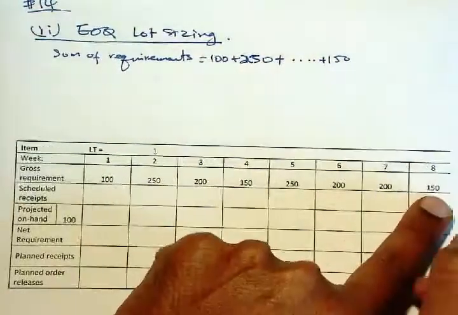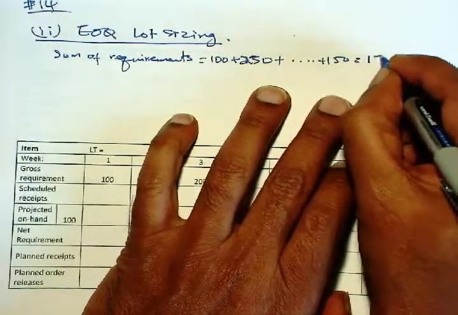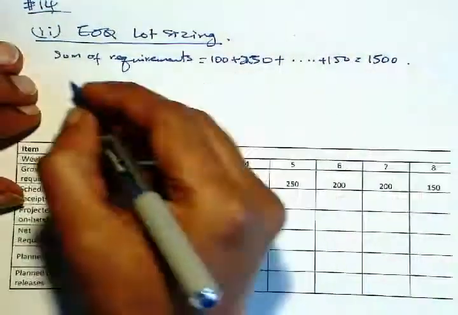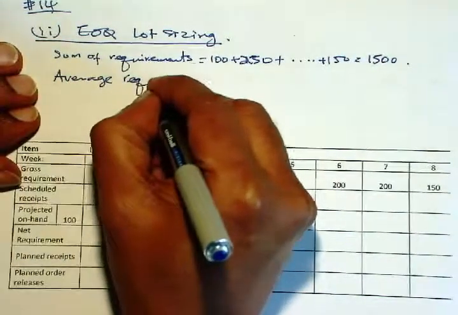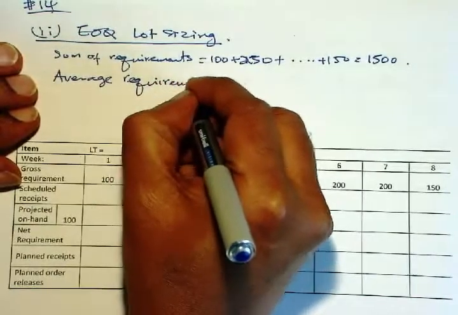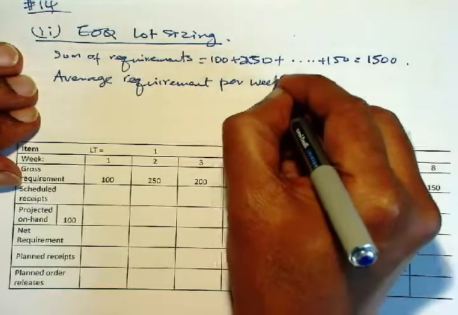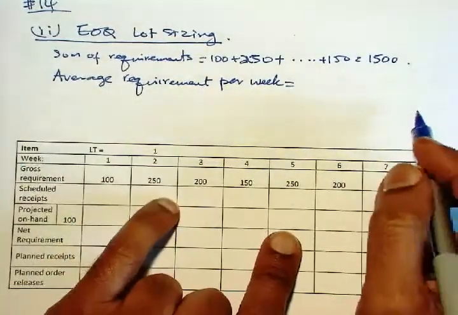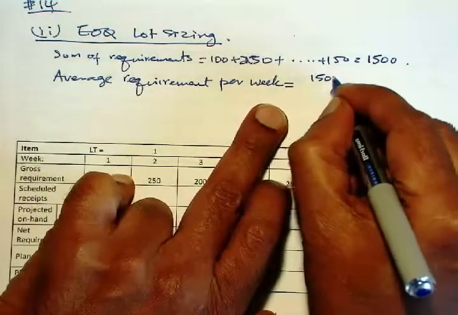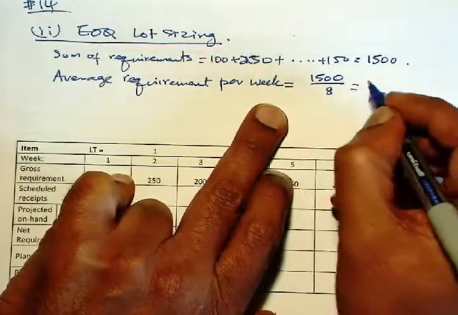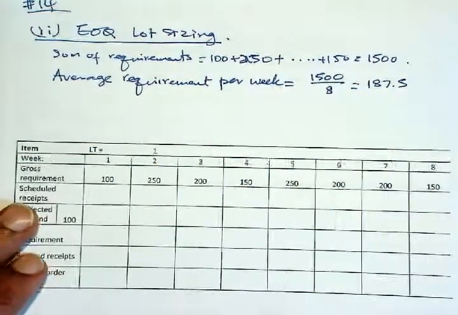So that gives us 1500. So average requirement per week, this 1500 is the sum over 8 weeks. So we take 1500 divided by 8, which gives us 187.5. Don't round this because this is an average.